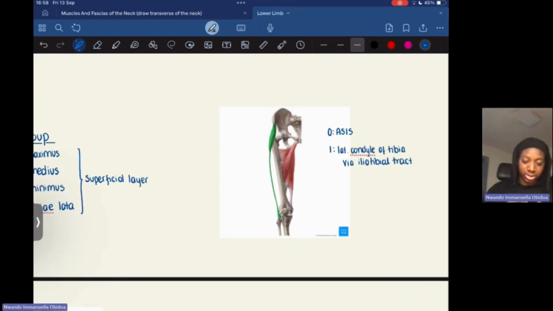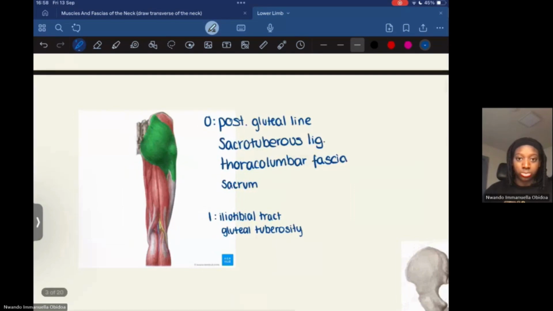Then you have your gluteus maximus, which originates from the posterior gluteal line, sacrotuberous ligament, thoracolumbar fascia, and the sacrum, and then inserts on the iliotibial tract and the gluteal tuberosity, which is found on the femur.